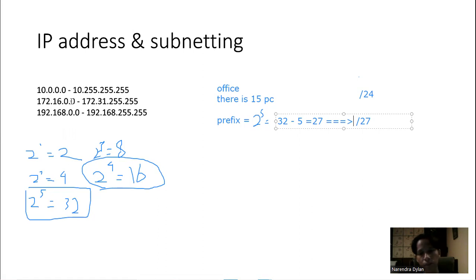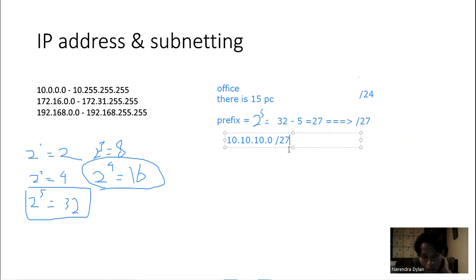There are three options for using private IP, and I want to choose the first option, 10.10.10.0/27. I want to choose this IP for this problem.